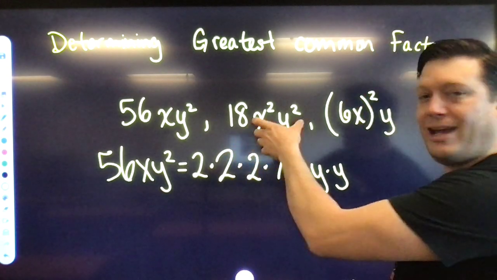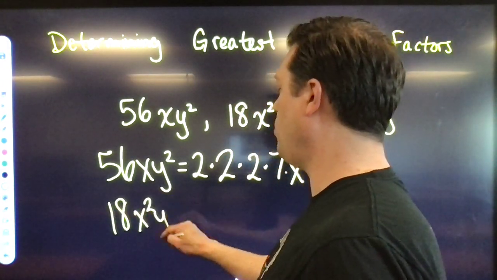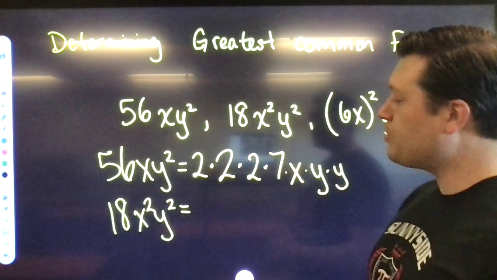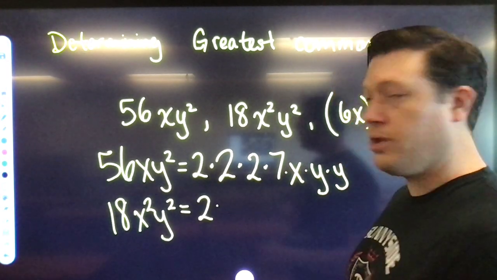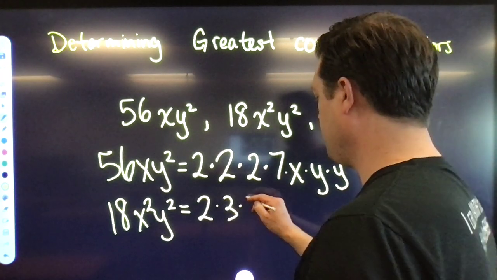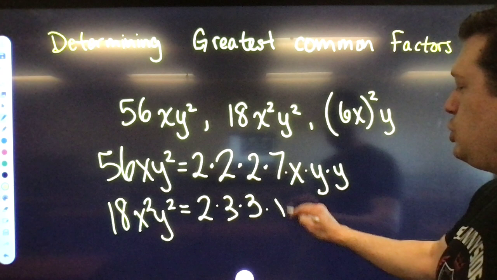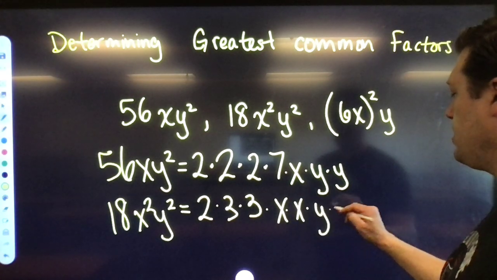Let's do the same thing for 18x squared y squared. If I look at the 18 first, and save x squared y squared for the end, 18 is even, so divide by 2. We're left with 9, and 9 is 3 times 3. Now, x squared y squared: there are 2 x's because of the squared, and 2 y's because of the squared.